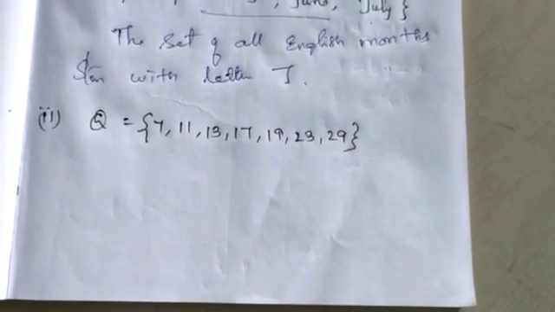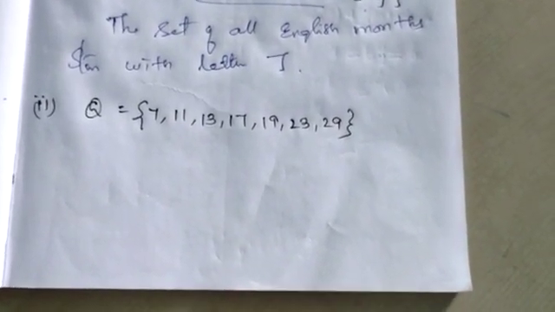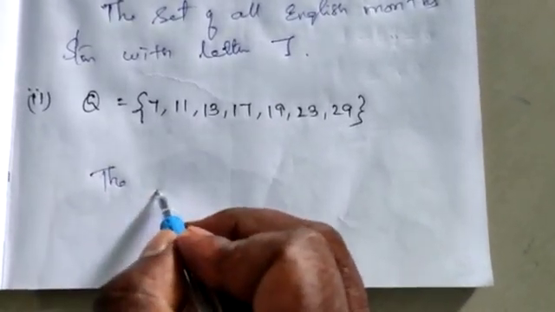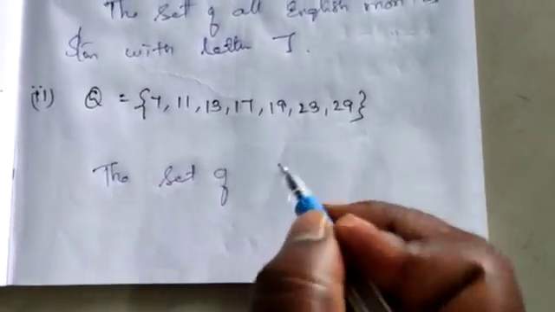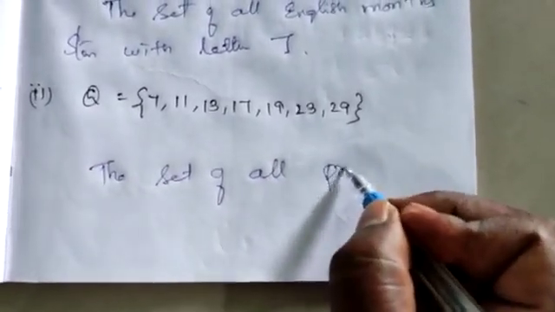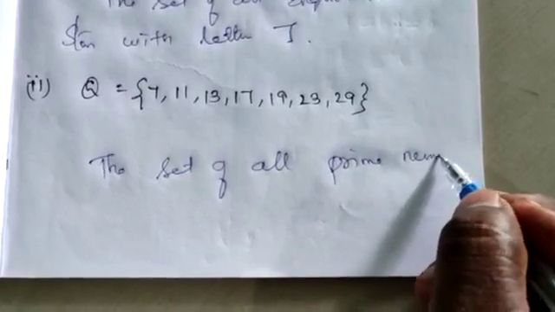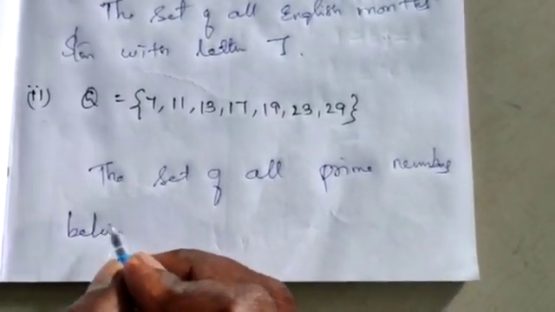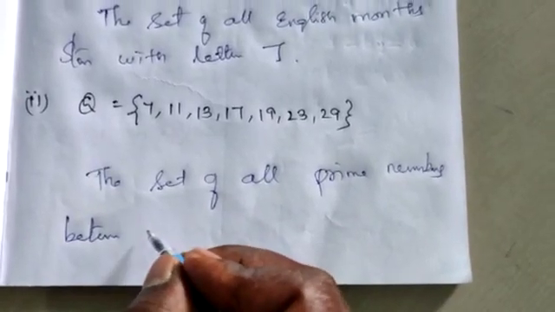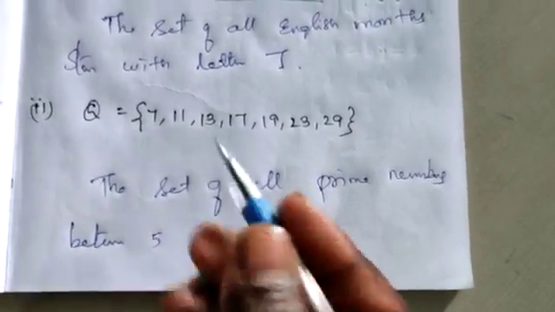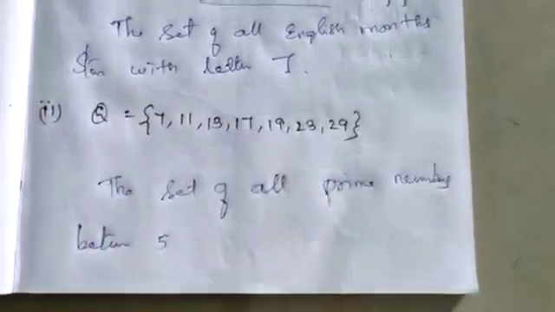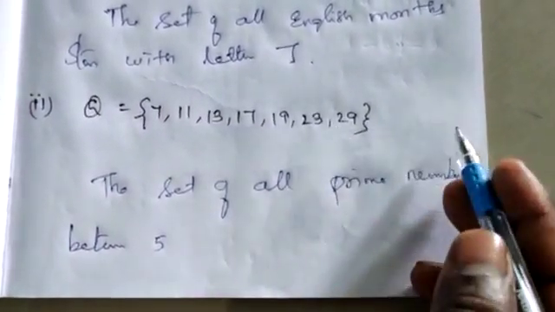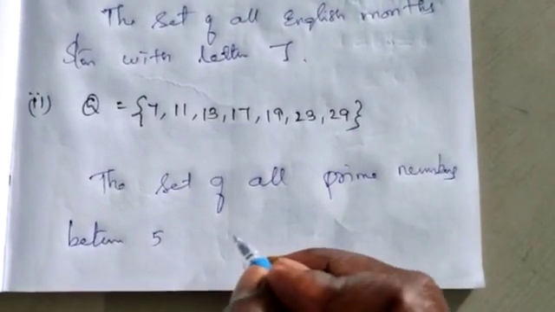So the set of all prime numbers between 5 and 31, because before 7, 5 is there, and after 29, 31 is there.